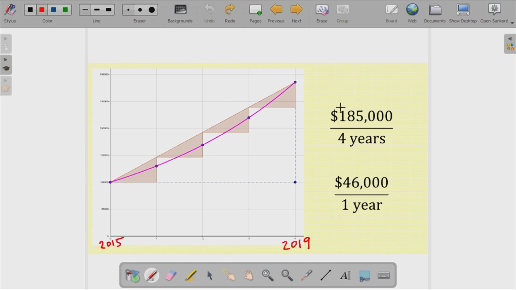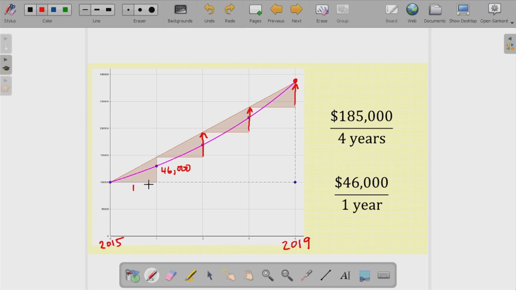Having done the calculation, the increase in the value of the house between 2015 and 2019 is approximately $185,000, and that occurred over a 4-year time period, which means that on average, the year-over-year increase is about $46,000. So in 1 year, the value increased by $46,000, and then that happened again and again until it reaches this peak value right here.